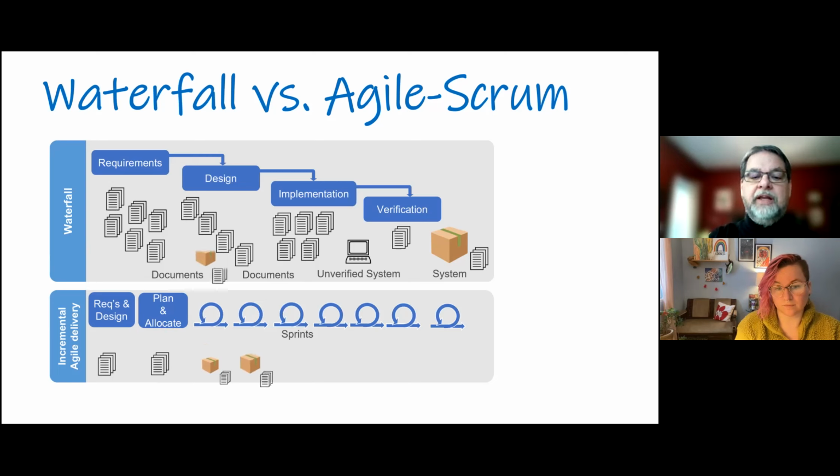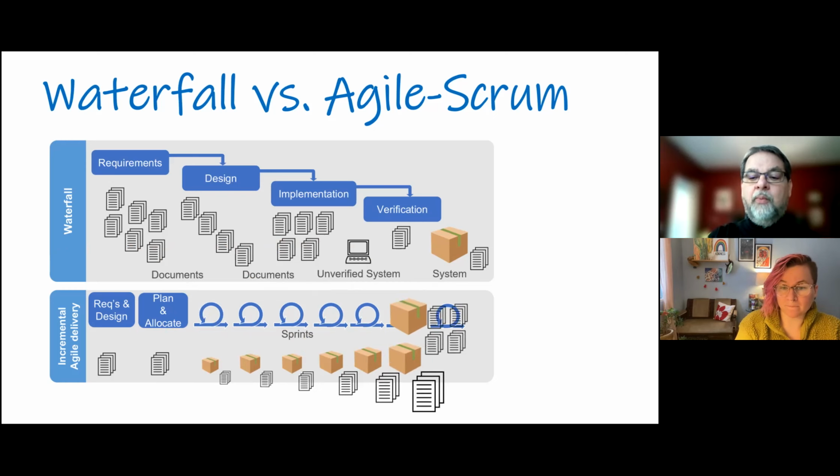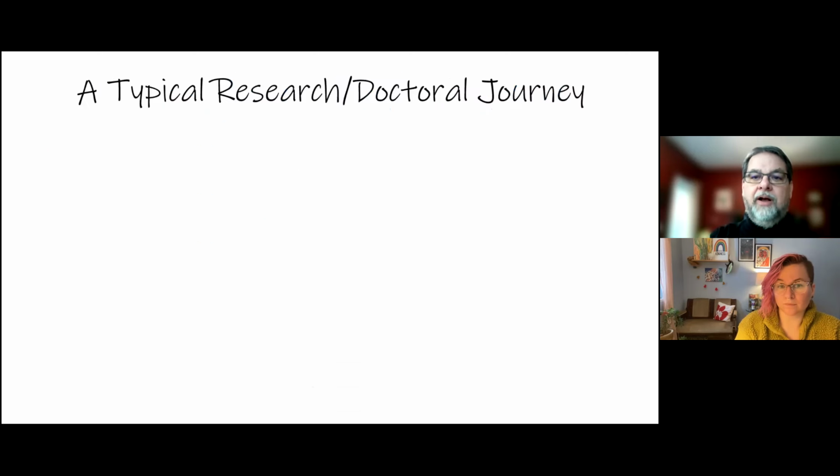And we iteratively build more value and document it as we go, until we arrive at the end event, whether it be publishing a paper or an application. But the thing is, what we produce is much more tuned to what's needed rather than what was specified. And that's one of the key things in Agile, is that we're trying to optimize the value of what we've done.